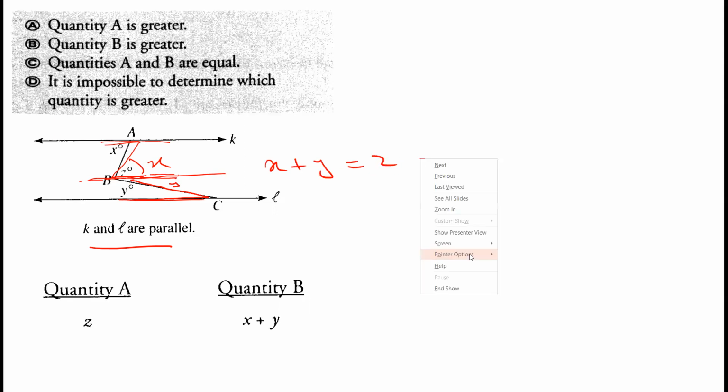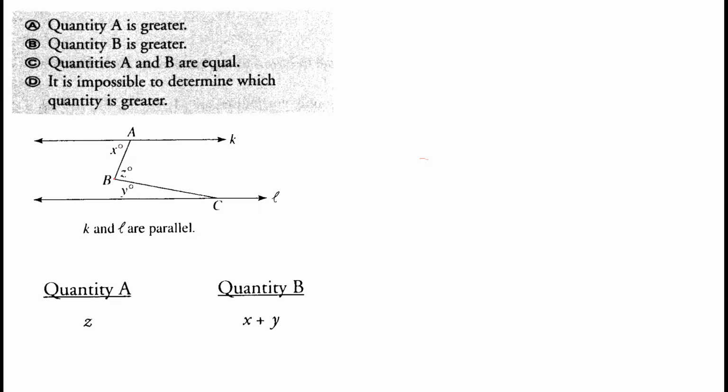Now K and L are parallel lines. If K and L are parallel, and we draw another parallel line over here, then this angle would be X and this angle would be Y. So X plus Y equals Z. Again, if I draw a parallel line over here, if this is X, then this value will be X. If this is Y, then this would be Y as well.